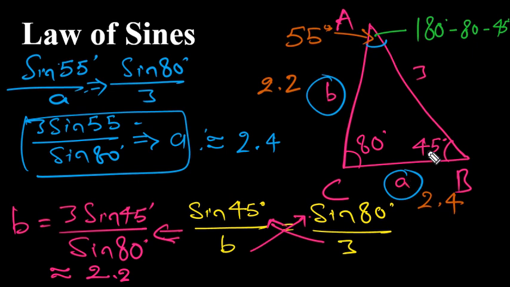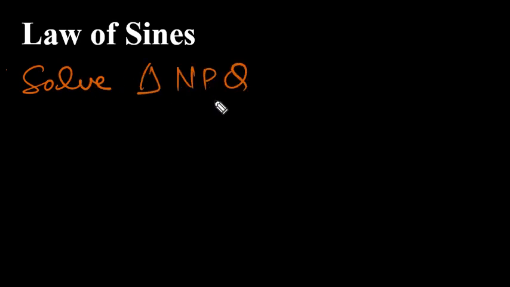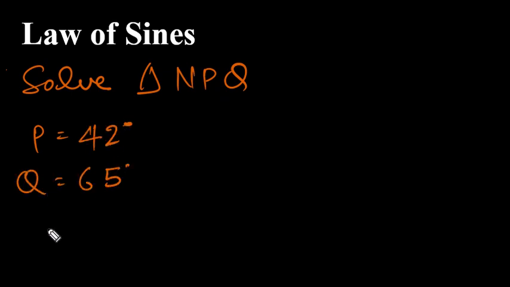Okay, now let's take one more example, and this time I'm going a bit fast. So you have to solve triangle NPQ if angle P is equal to 42 degrees, Q is equal to 65 degrees, and small n is equal to 5. So this time we will have to find some side measures. Okay, no problem.